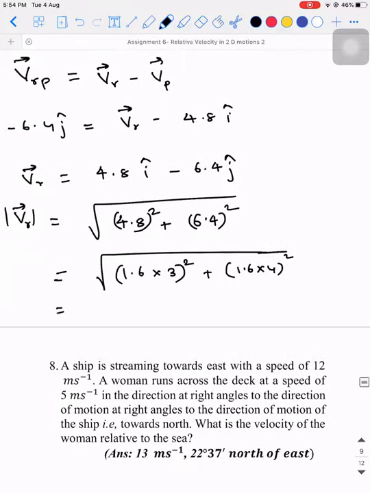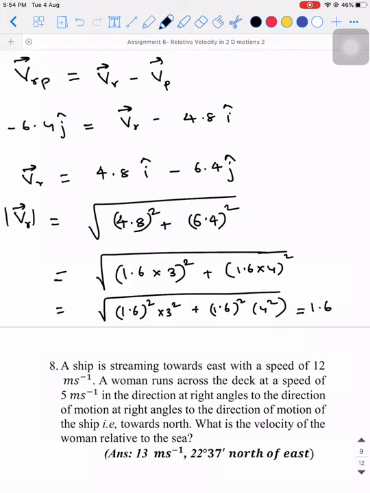So inside the square root we have 1.6 square into 3 square plus 1.6 square into 4 square. What can I take out common? 1.6 square. So the 1.6 square comes out of the square root as 1.6 into what is left inside the square root, that is 3 square plus 4 square.